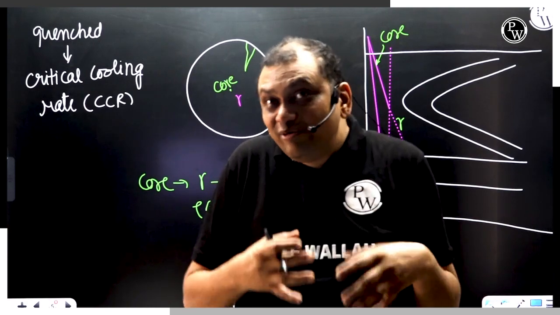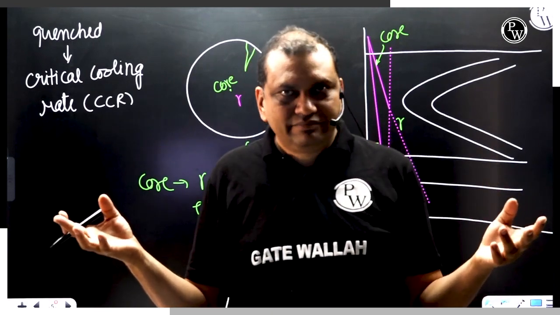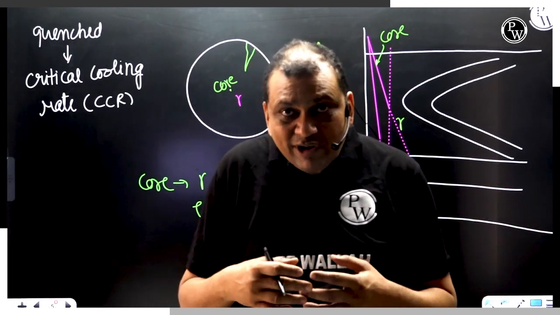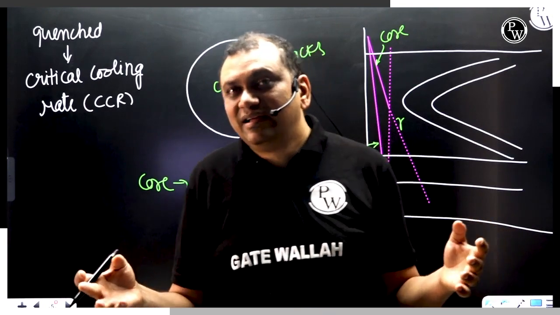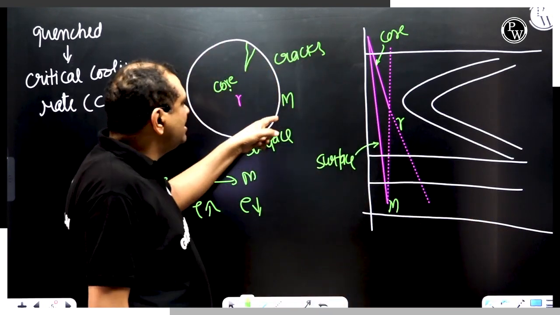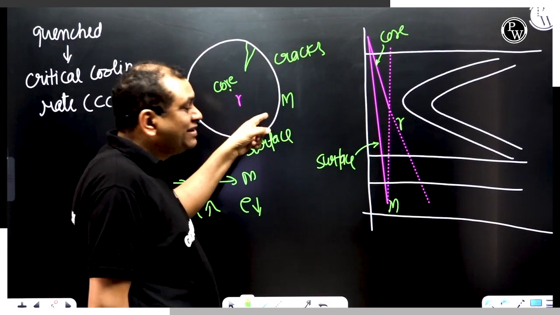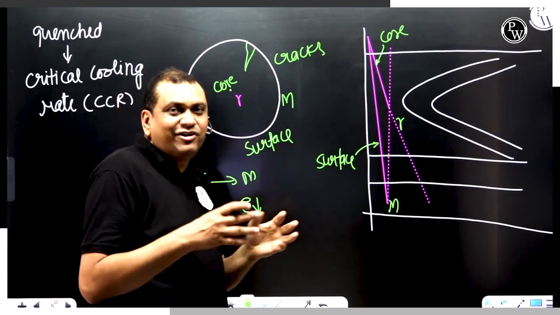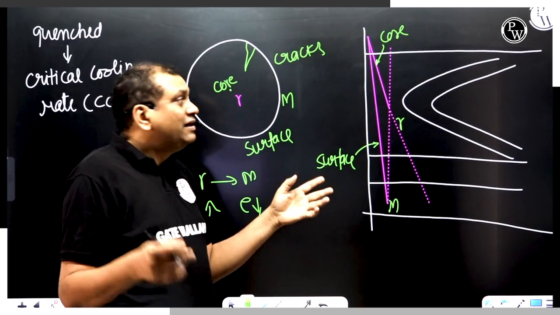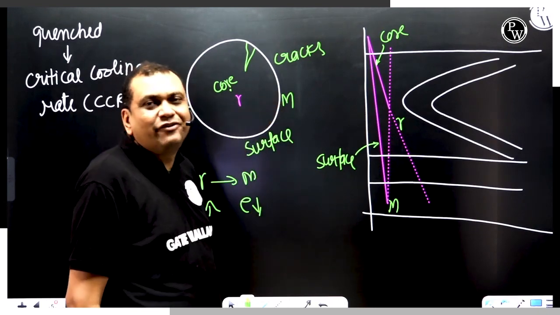Core volume will expand. The surface is rigid because at the surface there is martensite. So when the core volume is expanding, there will be cracks on the surface of the quenched part.